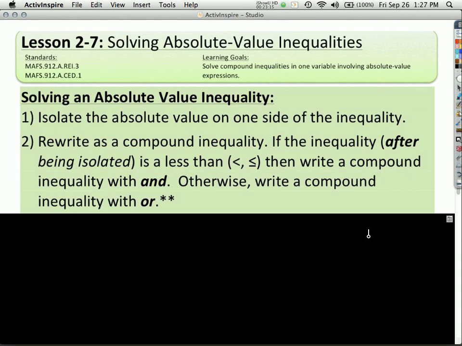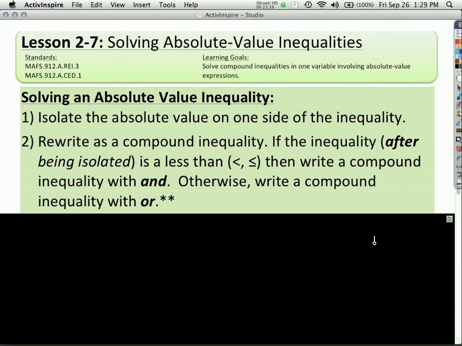If the symbol is a less than symbol, then we write a compound inequality with and. If it's a greater than symbol, then we write a compound inequality with or. So there are 2 different ways it can go, and you have to know which way is correct.